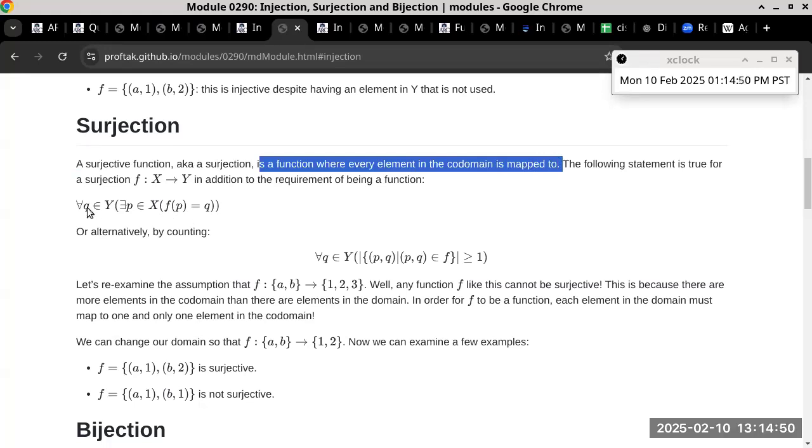Because we are looking at every element in the codomain, we're asking, can I find at least one thing in the domain so that the element Q in the codomain is the result of f applied to P? I just need one. If there are multiple, that's good. If there's only one, that's good too. But if there's none, we have a problem.